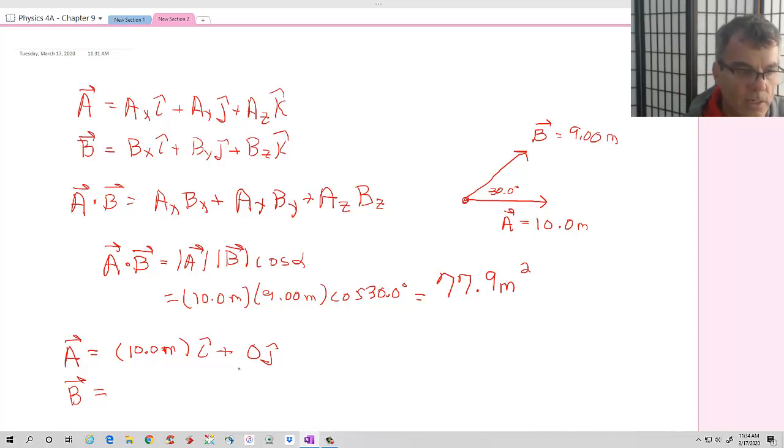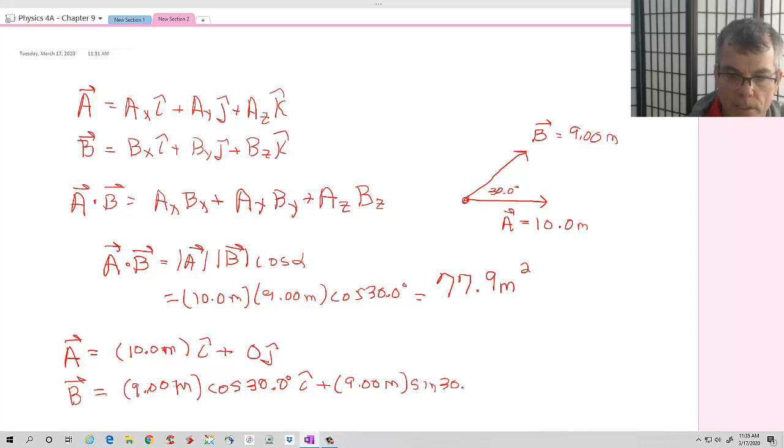The angle is 30 degrees. The x component is our adjacent side. So what we're going to have is B is 9 meters times cosine of 30 degrees in the i direction plus 9 meters times the sine of 30 degrees in the j direction.